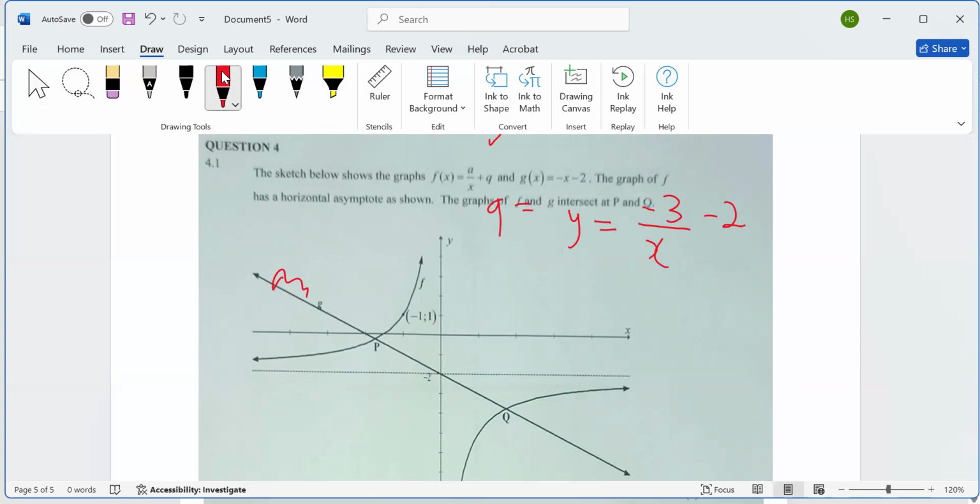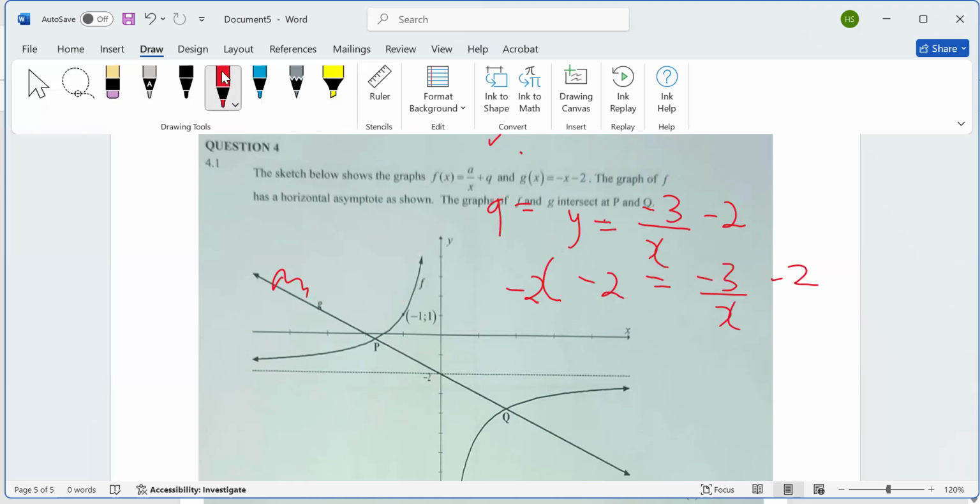We should say this one is going to be equal to this one. So we proceed and say -x minus 2 is going to be equal to -3 all over x minus 2. After that, we're going to take this -2 to the other side. It is negative.